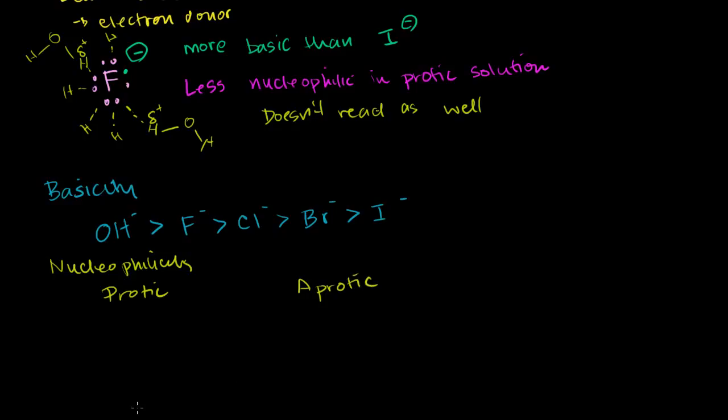In a protic solvent, the thing that has the best nucleophilicity is actually iodide, because it's not hindered by these hydrogen bonds as much. It doesn't have a tight shell. It has this big molecular cloud, and some people think it also has kind of a softness. It has this polarizability where that cloud can be pulled towards the carbon and do what it needs to do. So in this case, iodide is a better nucleophile than hydroxide, which is a better nucleophile than fluoride.